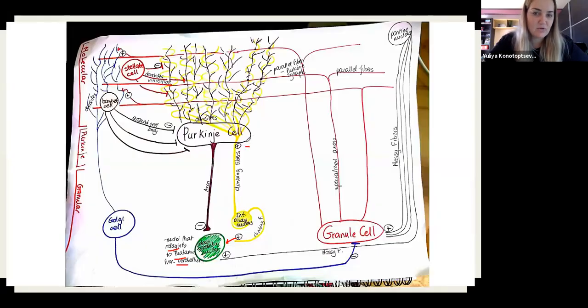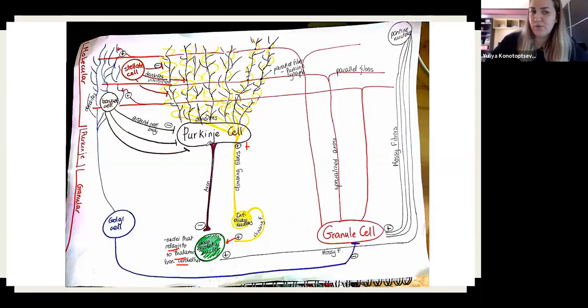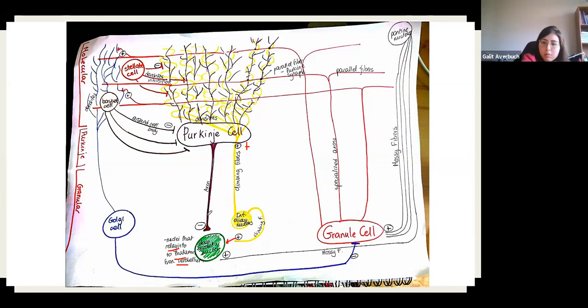So if they interact with the dendrites of the Purkinje cell, what do they do to Purkinje cell? Excite them. And if you excite the Purkinje cell, what will the Purkinje cell do? Inhibit the deep cerebellar nuclei.